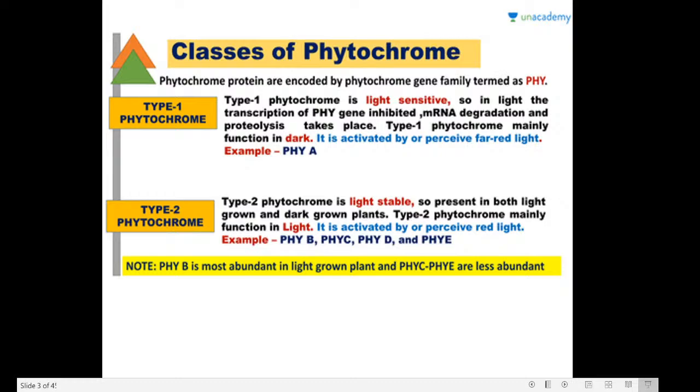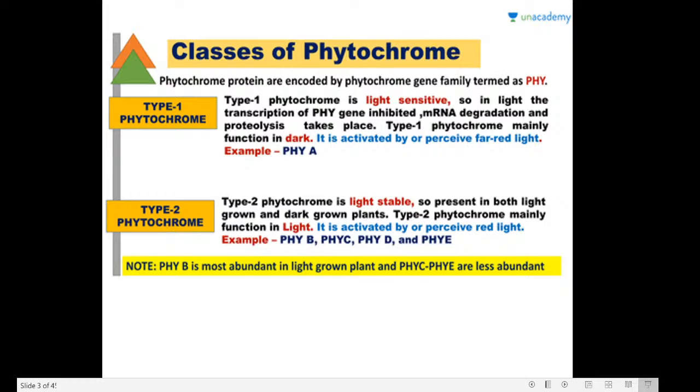Type 1 phytochromes mainly function in dark condition. This is a very important thing you want to know. They may ask you to choose the best answer or match the following.